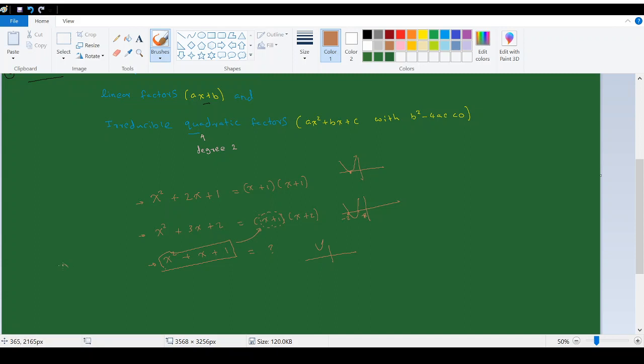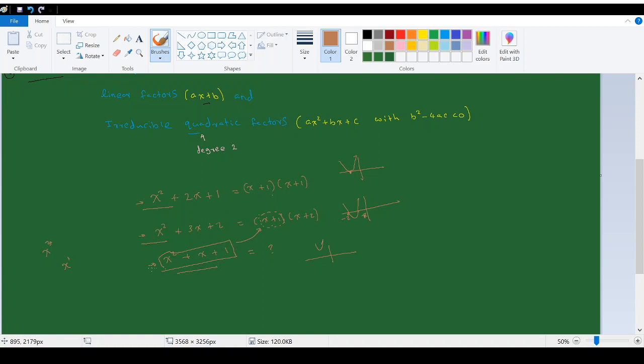The highest degree of x in a linear polynomial is 1. It does not have higher degree terms like x to the power 3 or x to the power 4 and so on. For these two polynomials we were able to factorize into linear factors, but not this one.